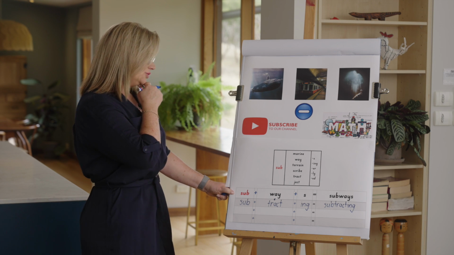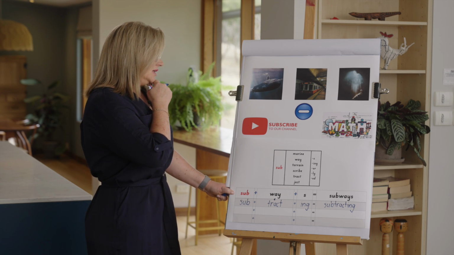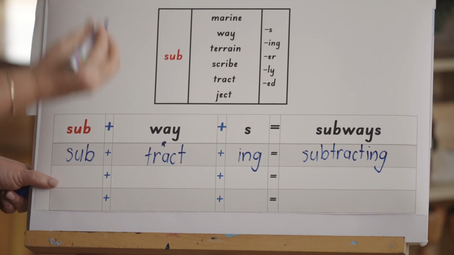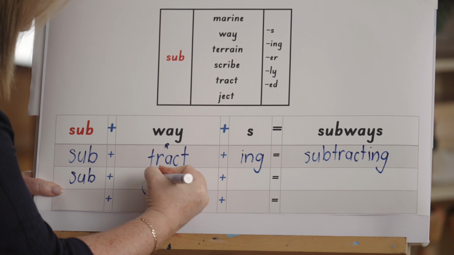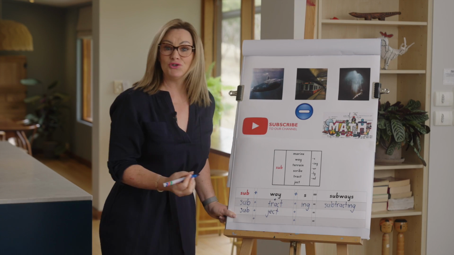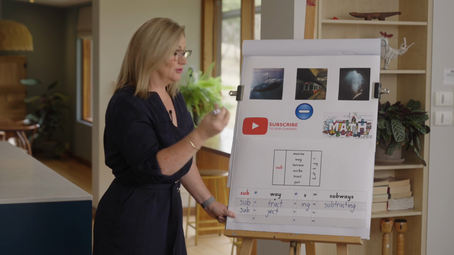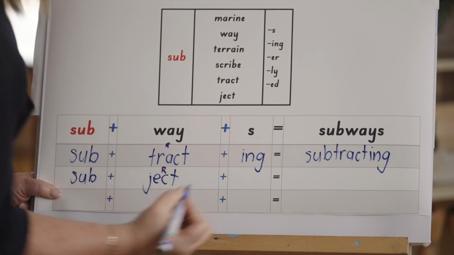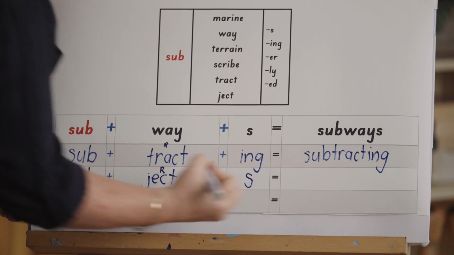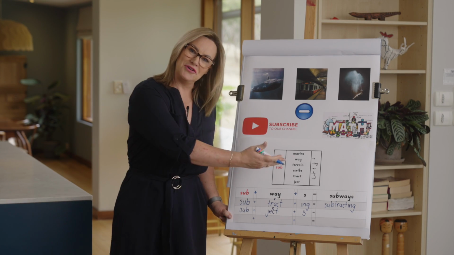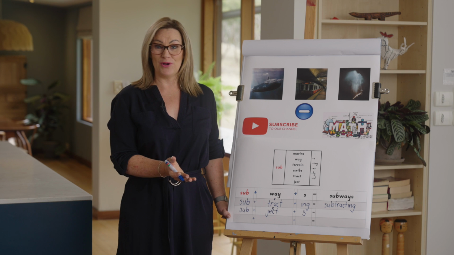So let's do subjects. Let's do it together. Sub is my prefix, ject, base or root? It's a root, needs more parts. And what did I say? Subjects. Excellent. And you know what I'm going to do next. I'm going to write the whole word.